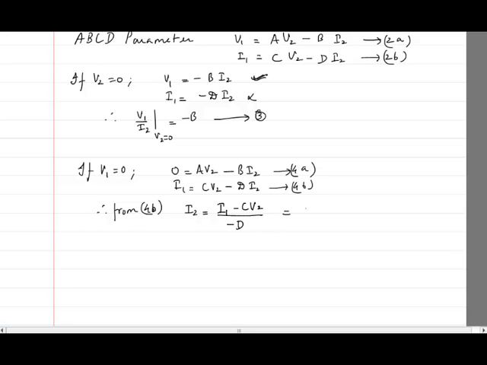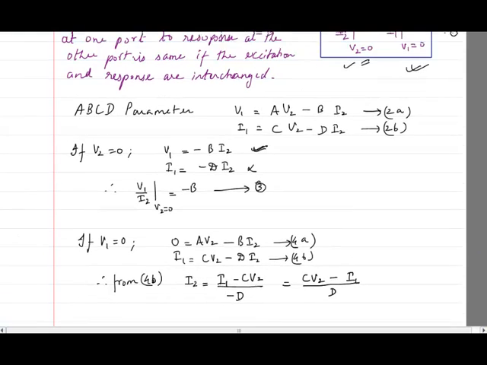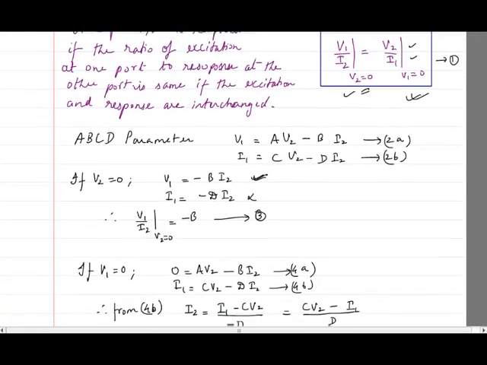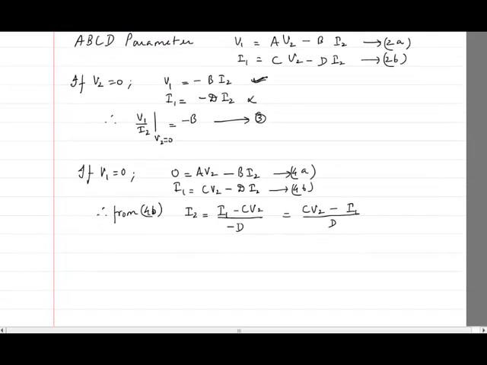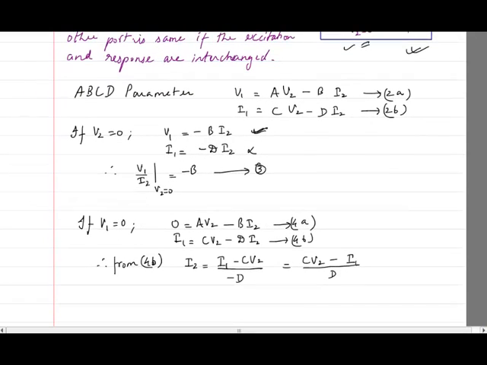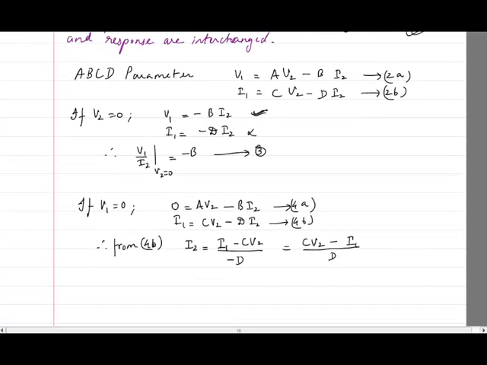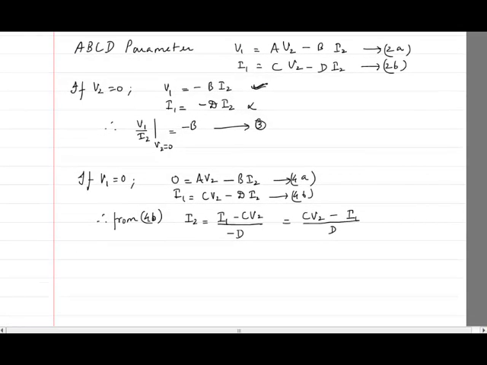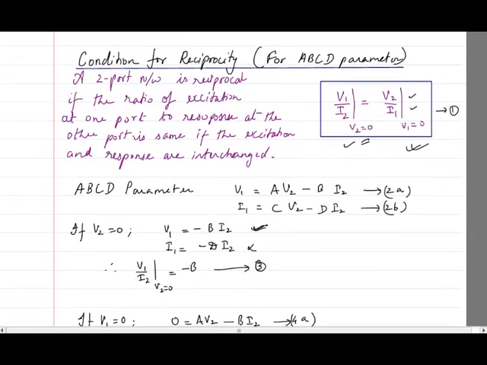If I take that minus on top, I will get I2 equal to CV2 minus I1, the whole divided by D. Again, what I am trying to find out is V2 with respect to I1.